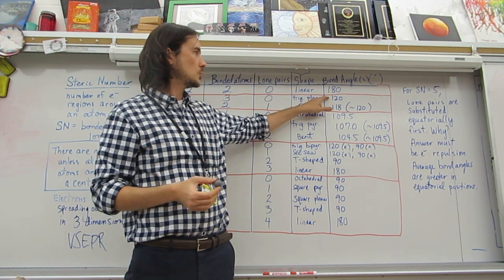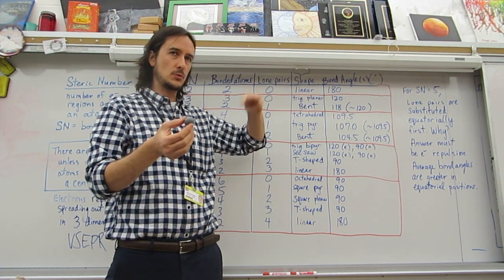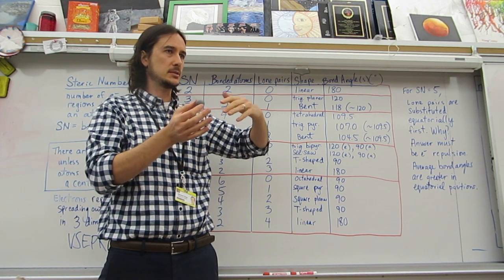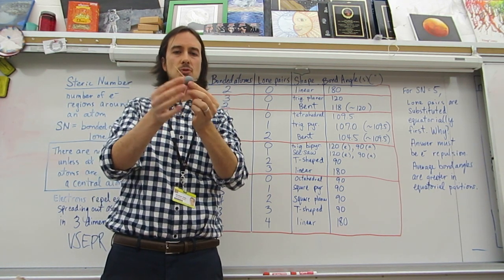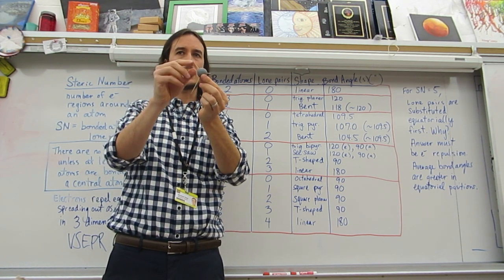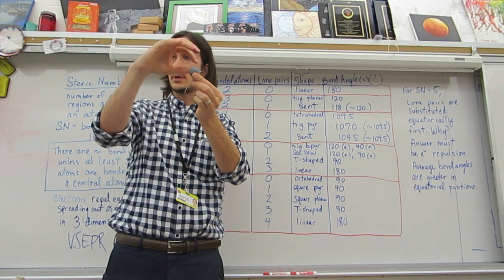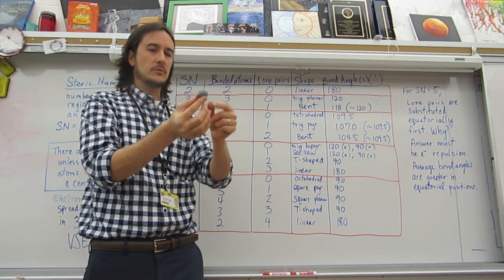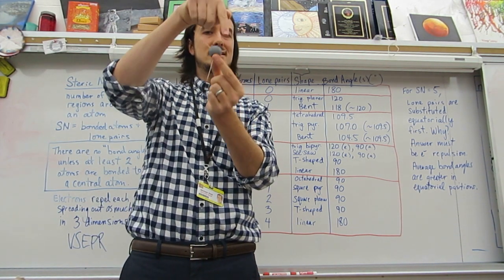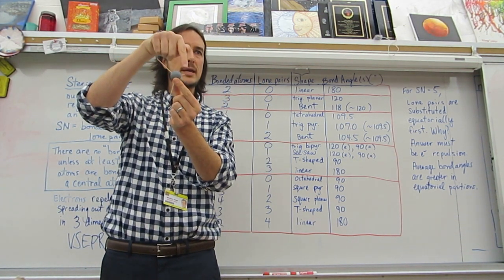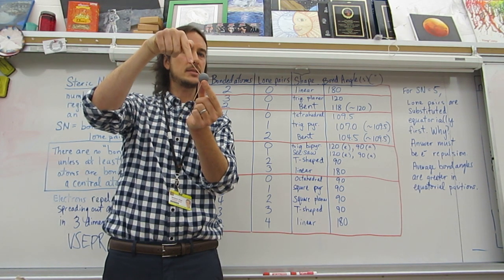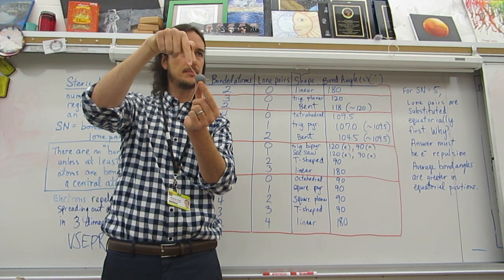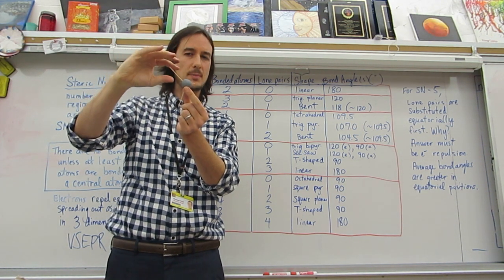Now, 120 was the bond angle if it was 3 bonded atoms, because this pair of electrons kind of acts the same for all 3, right? It's kind of spread out. If we have a lone pair of electrons, the electron density here is greater than the electron density for the bonded atom. So think about it for a minute.